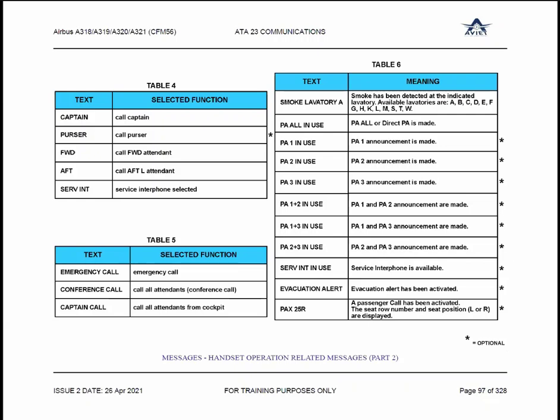Sir, I have a question. Especially on the brand new 320 Neos, I've noticed something: when we connect the headset to the flight interphone, the volume is very low unless the push to talk button is kept pressed in.